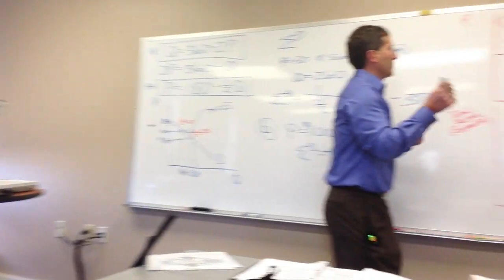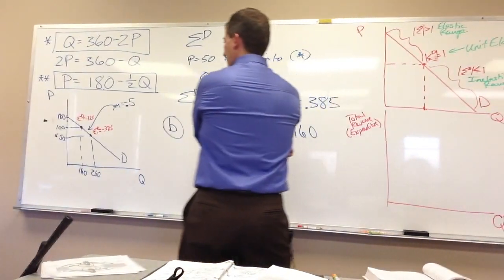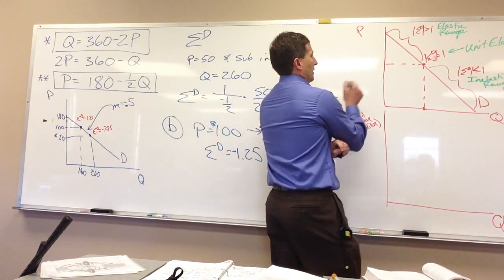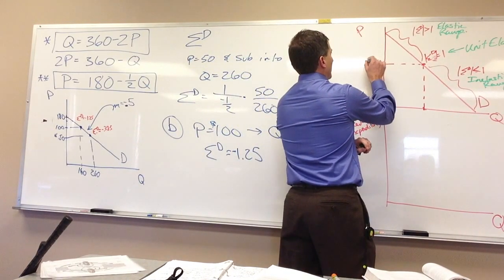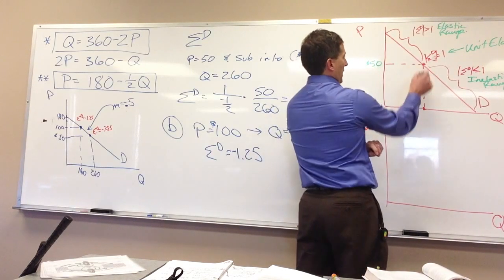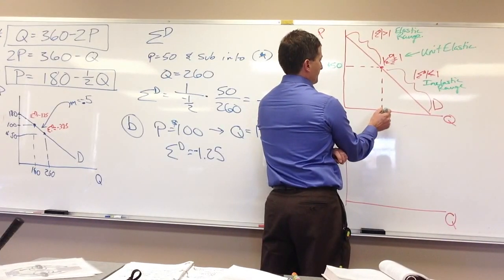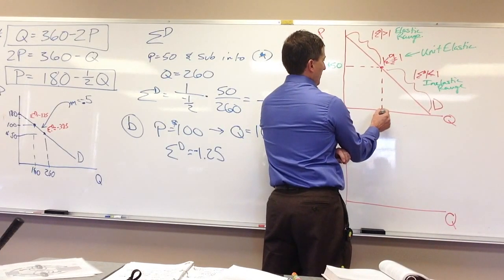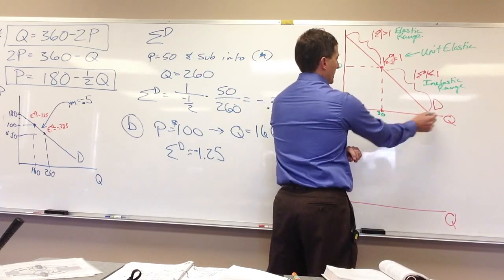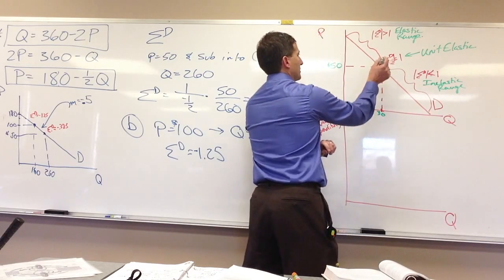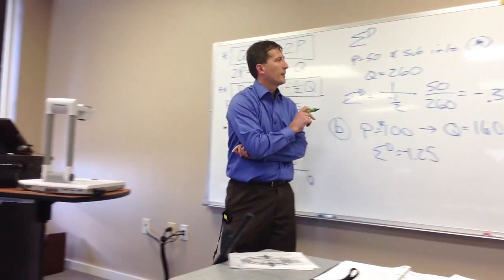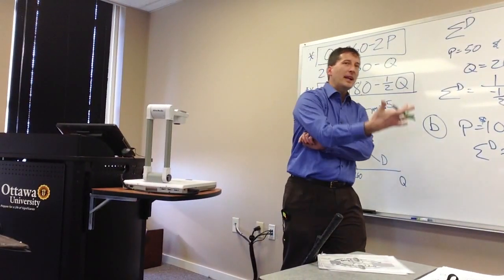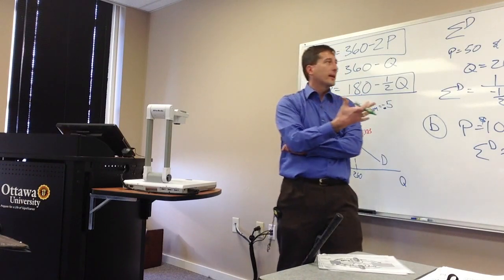So I'm just going to make up a number here. If we have a price of $50, and we're buying 30 units at $50, I'm arbitrarily picking the point where it's unitary elastic. How much money are we spending that day at Target?